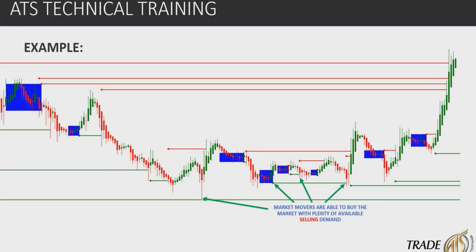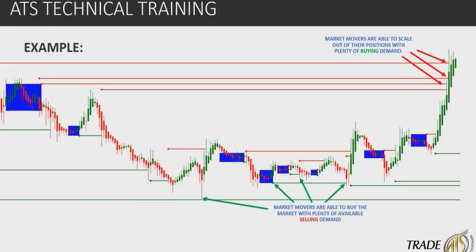So all through this turn, through that selling demand, they're able to fill a giant buying position. As the market moves up, market movers are able to scale out of their positions with plenty of buying demand. Remember, they're always doing the opposite. That's how the smart money trades. If everyone traded the same, there'd be no edge.